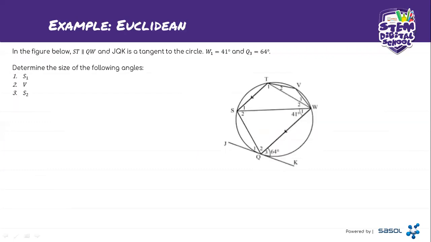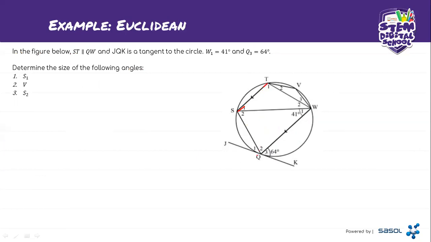All right, now we are having a new question. Let's look into this question. In the figure below, ST is perpendicular to QW. Let's see, ST is this line.